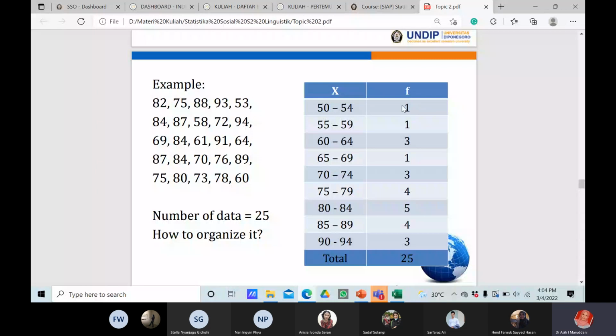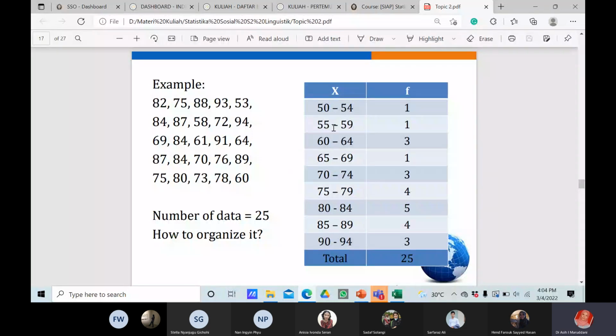Okay. The second row or the second interval is 55 to 59. Then we can look for the scores included in this interval, and we got 68, 58, and other scores in this interval, at least 58. Then we can write down here 1.